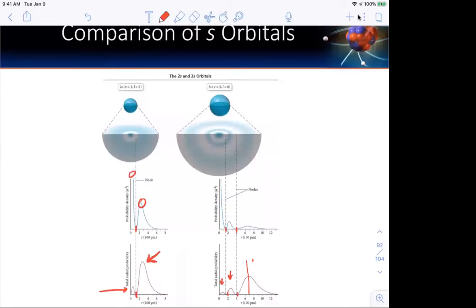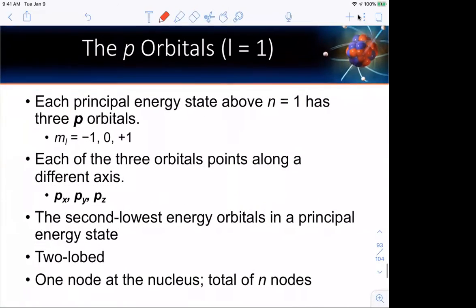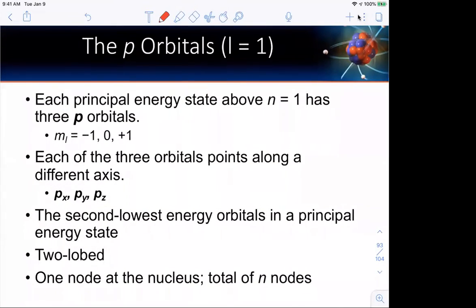This is the distance from the nucleus that has the most probable chance of finding the electron. So again, you just have to know this in an overview manner, maybe for a conceptual type question. Then I'm going to look at p orbitals.